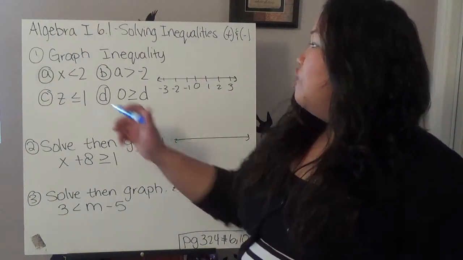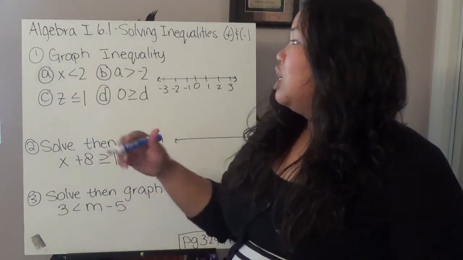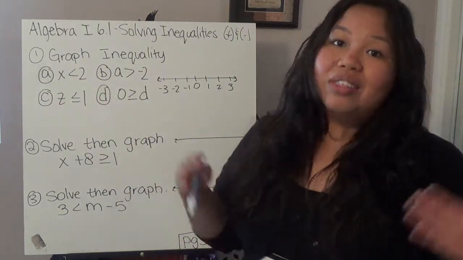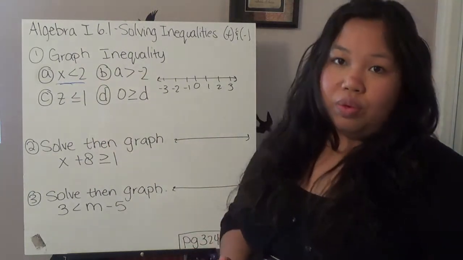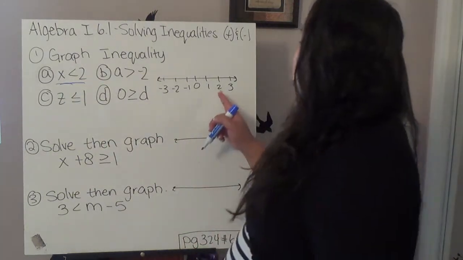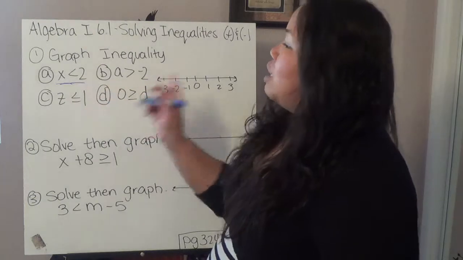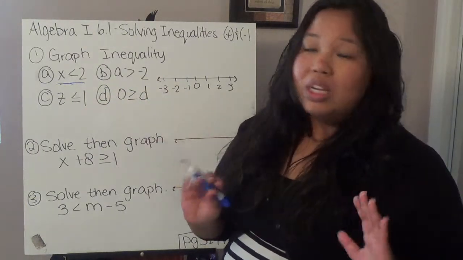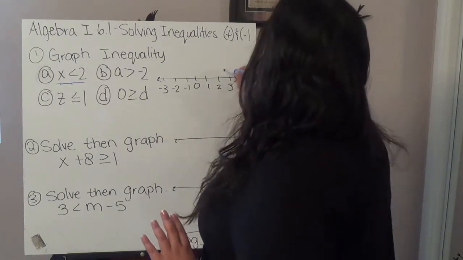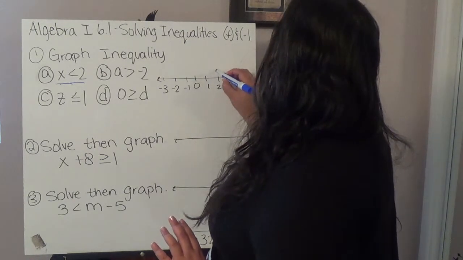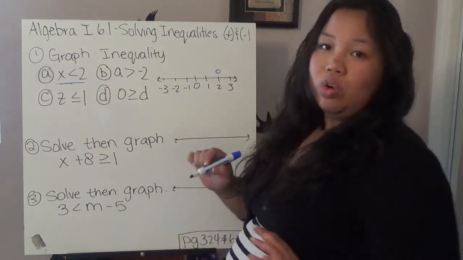Okay? So it's very simple. All I need to do is include the numbers that x can be. For example, x is less than 2. So I'm going to find 2 here, but because it has to be less than 2, it's not included. That means x cannot equal 2. It only has to be less than 2. 2 is not included, so I'm going to put an open circle.